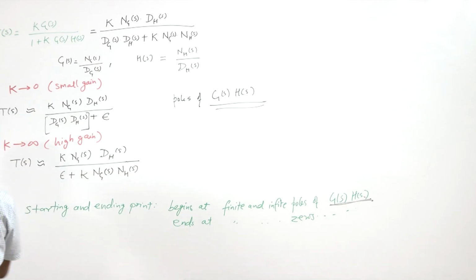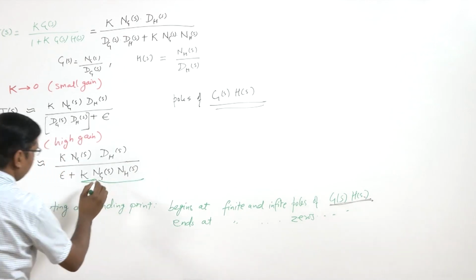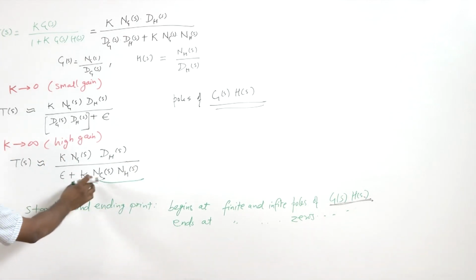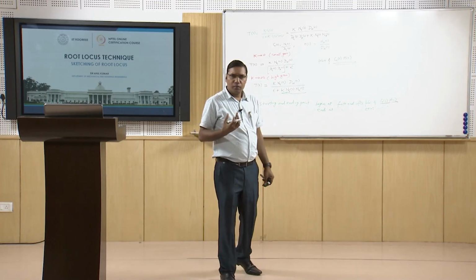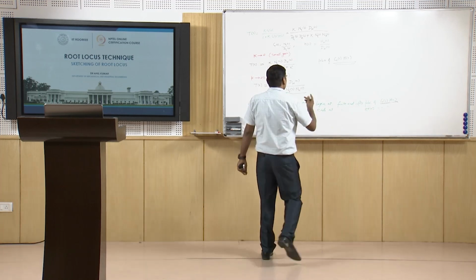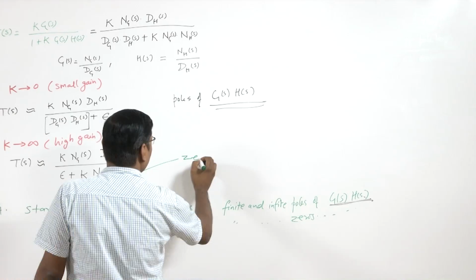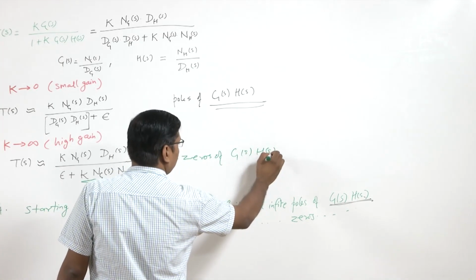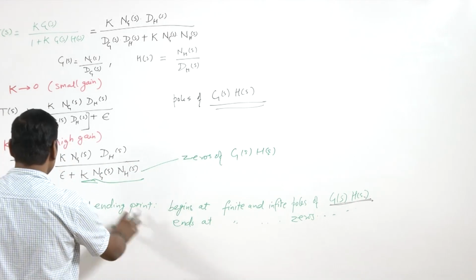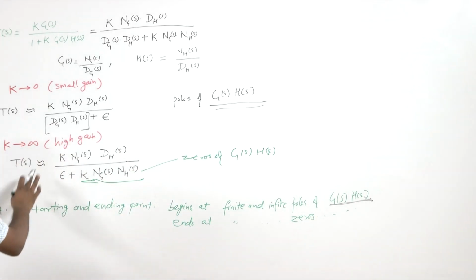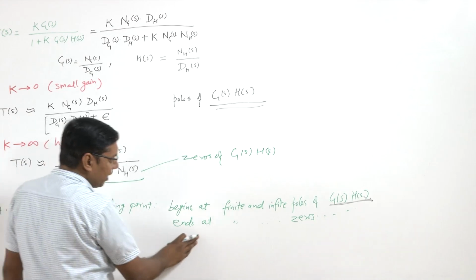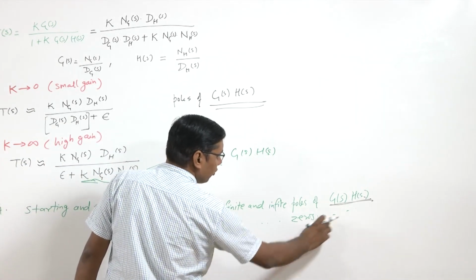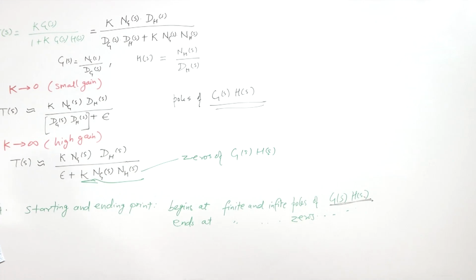So we can see here that this part is dominating, this is negligible, and this N_G(s) N_H(s) are the zeros of the G(s)H(s). So that's why we say that at high gain the root locus ends. Therefore we say that it ends at finite and infinite zeros of G(s)H(s).